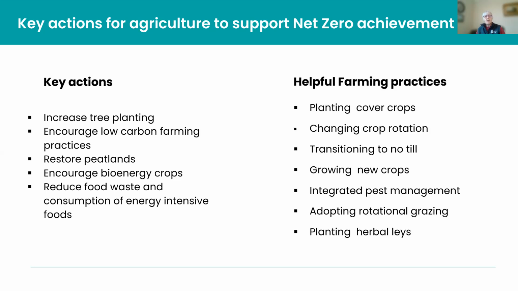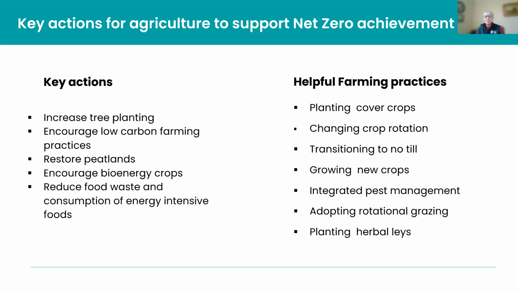And then some of these helpful farming practices, most of these I would say are low carbon farming practices. Planting cover crops and keeping soils covered at all times is critical. It really does reduce emissions. Changing the crop rotation to support greater soil health is really helpful. Changing how you cultivate soils and pulling less metal through soils is critical. Looking at what crops you grow, that's as much an adaptation thing as a mitigation.